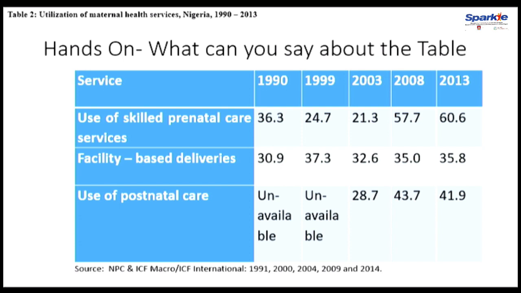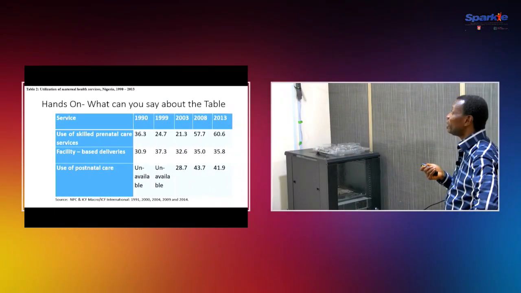Use of skilled prenatal care services has close to doubled between 1990 and 2020. Now, use of skilled prenatal care services: 36.3, 24.7, 21.3, 57.7, 60.6.